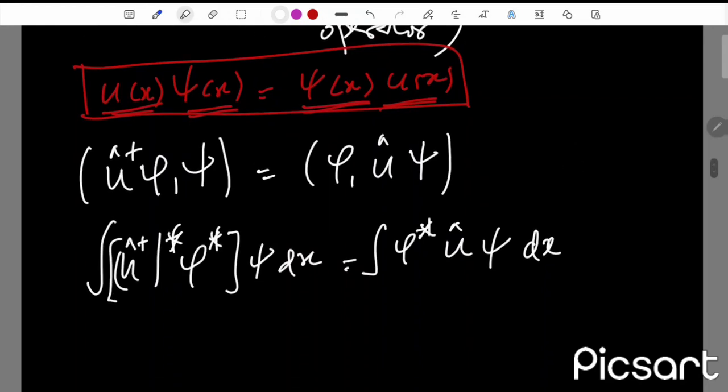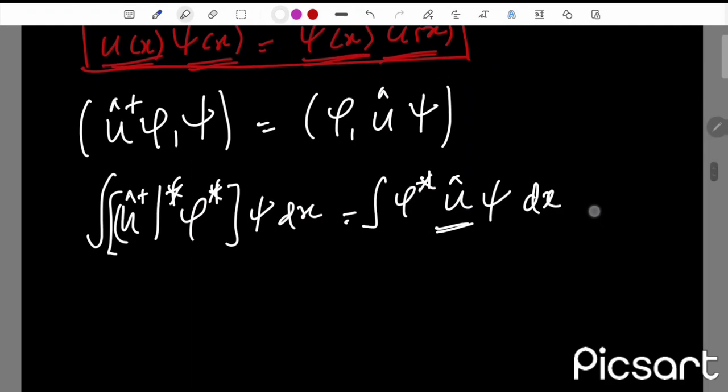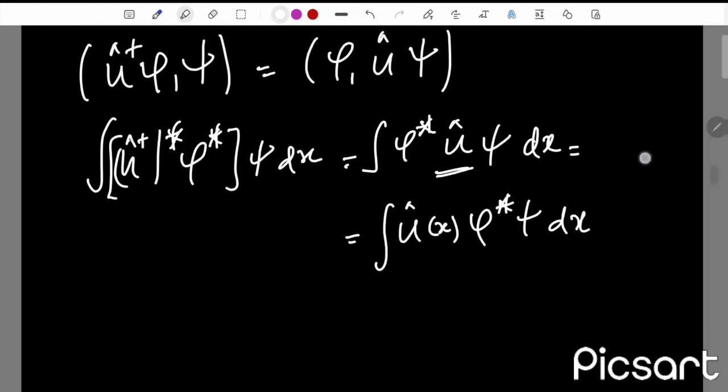Again, for now we can take this u operator from the right hand side of phi to the left hand side, and we get now the integral of u of x times phi, or acting on phi, times psi d of x.